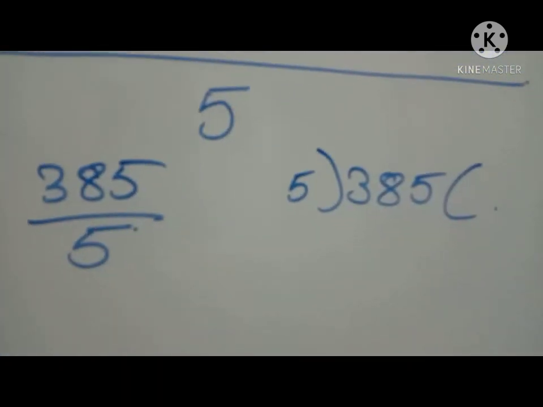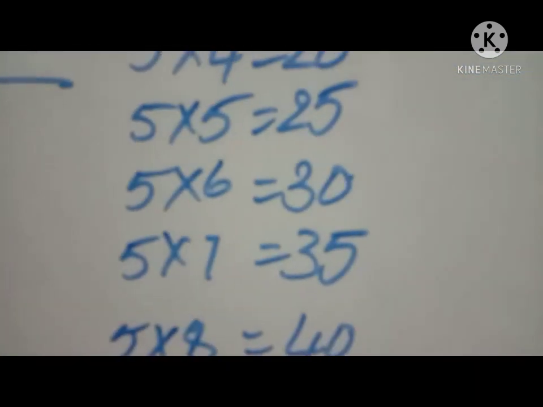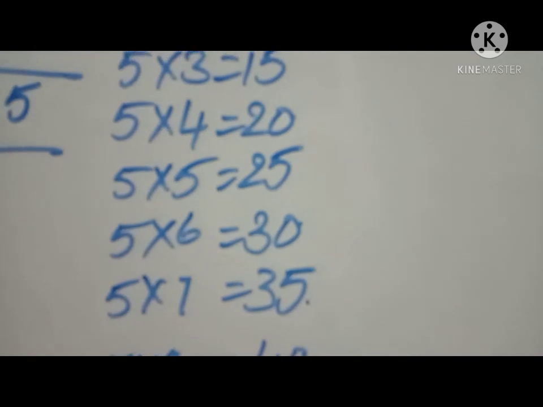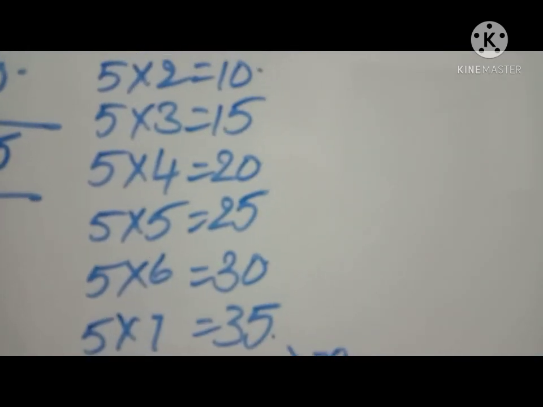But what is the number here? 38 is there. In between 35 and 40 the number 38 is there, but in the table 38 is not there.